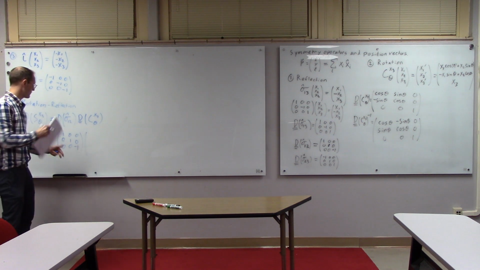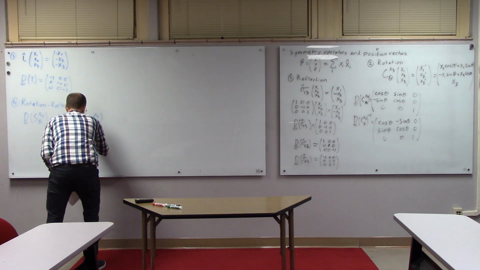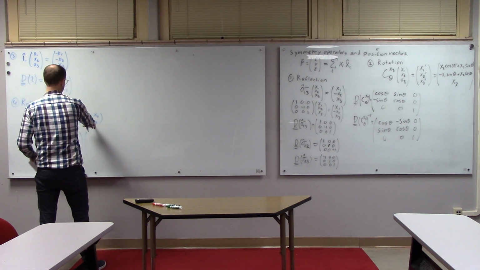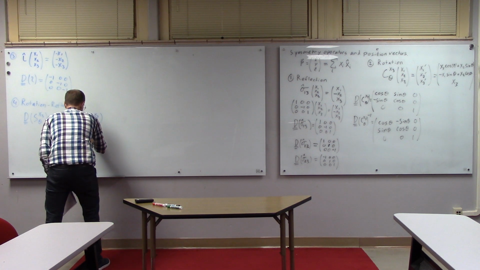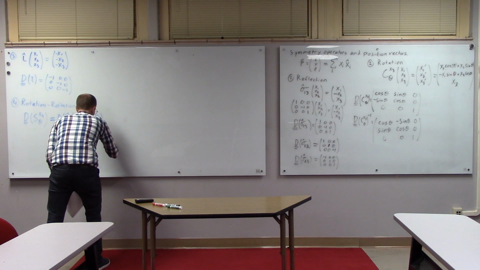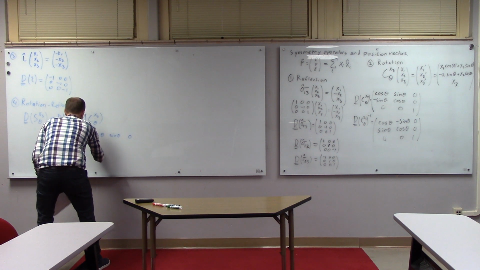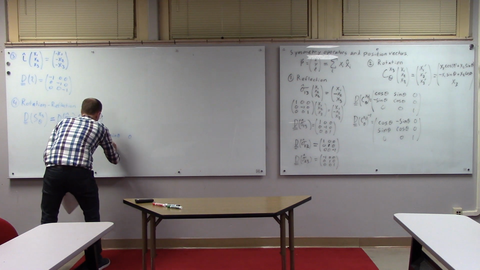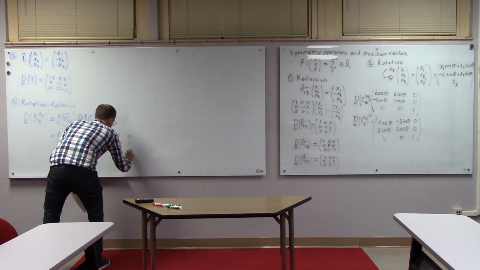And for the C theta operation about the x3 axis, the matrix operator was cosine theta, sine theta, 0, minus sine theta, cosine theta, 0, 0, 0, 1.